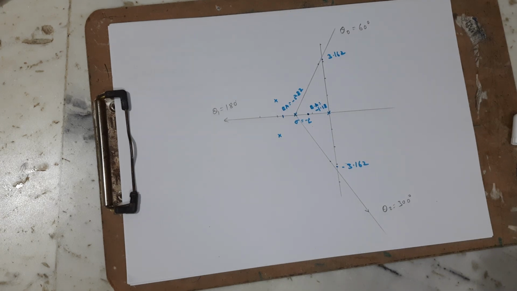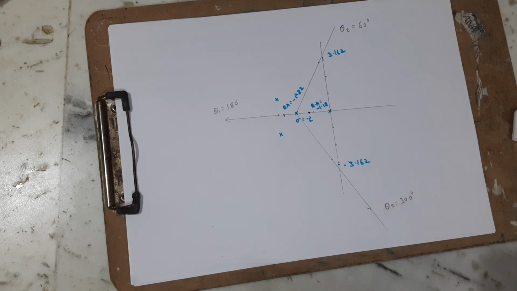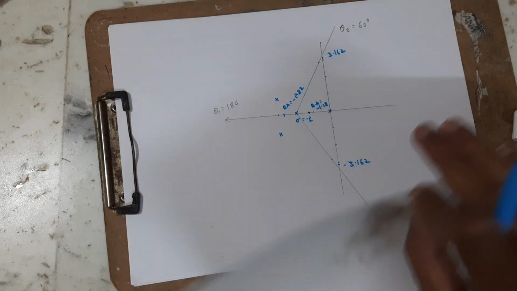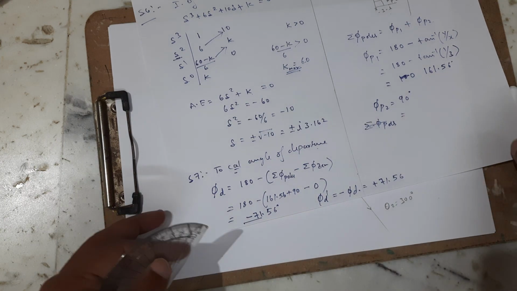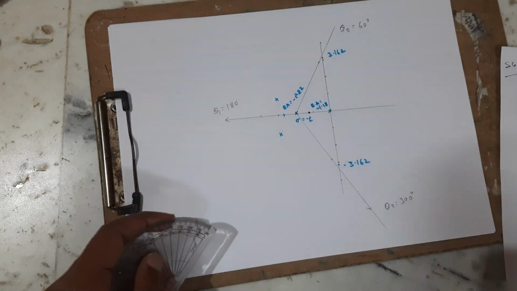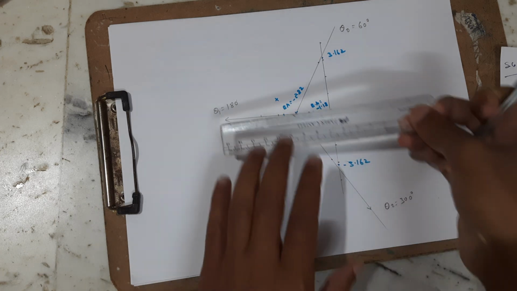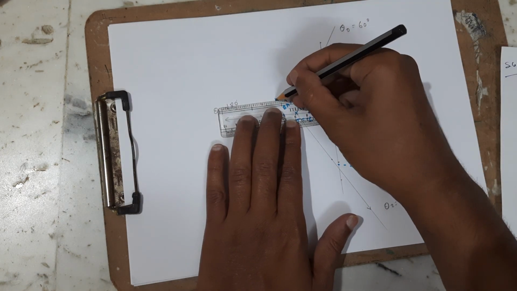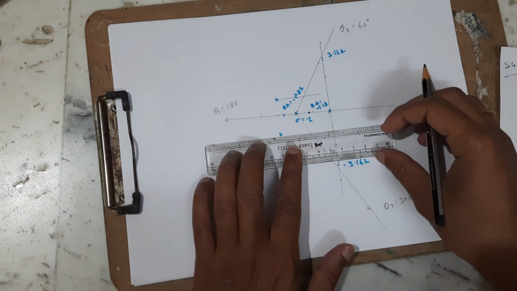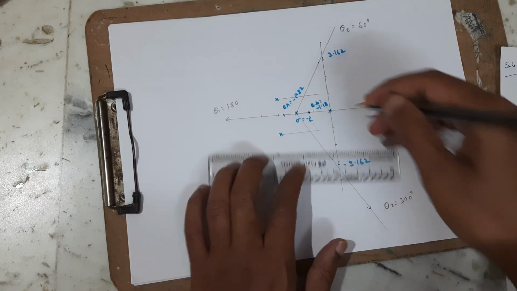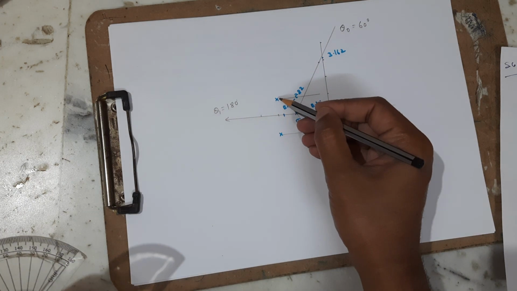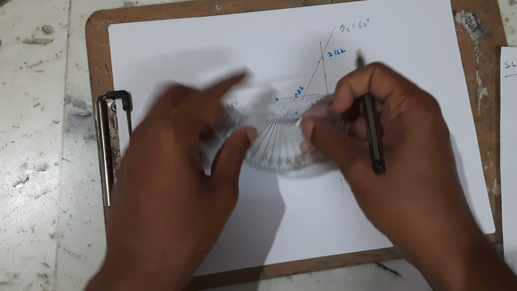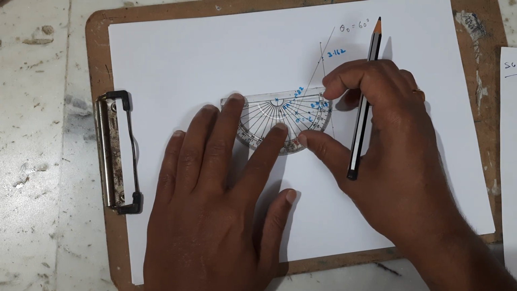Okay, so what next? We need to draw the angle of departure. So the angle of departure is minus 71.56. How to draw this? This is a reference line. For the angle of departure, minus 71, I am going to hold the protractor like this.